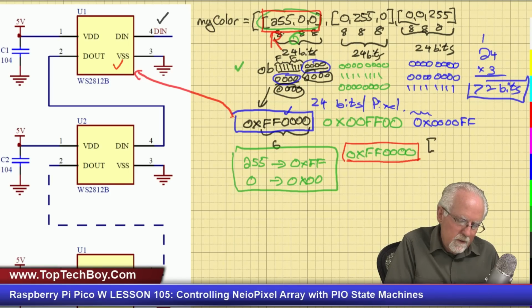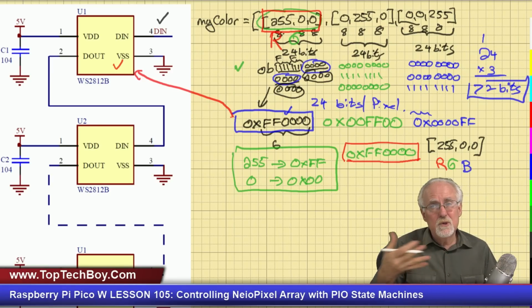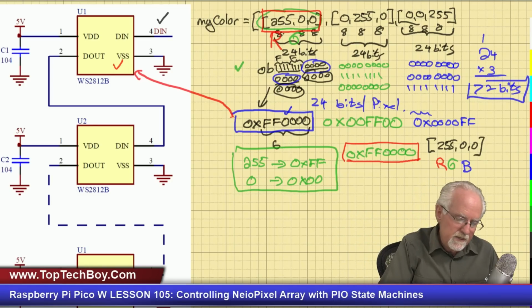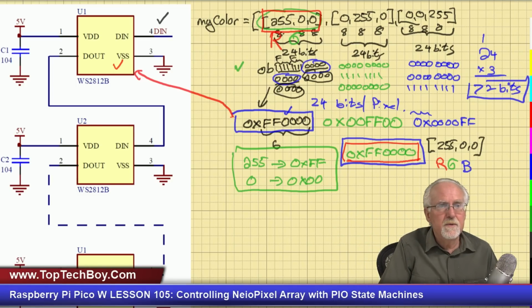I've got 255, 0, 0. This is the red, this is the green, and this is the blue. But I need to get those commas out, and I just need to make one big hexadecimal of 0xFF0000.